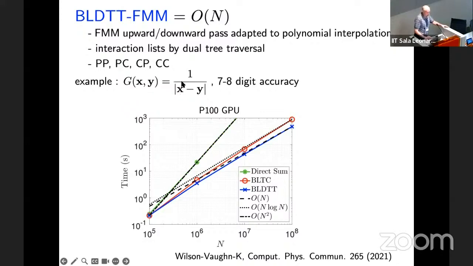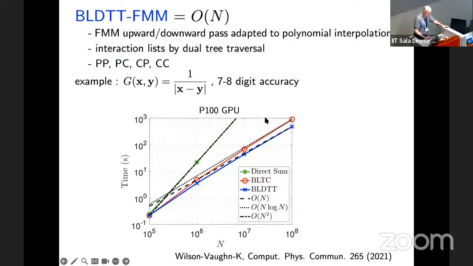As an example now, again with the Coulomb potential, where the parameters are set to get about 7 or 8 digit accuracy, this is the runtime, and this is the problem size. Again, this is still random particles in a cube, but the green is the direct summation, order n squared, as the system size increases.